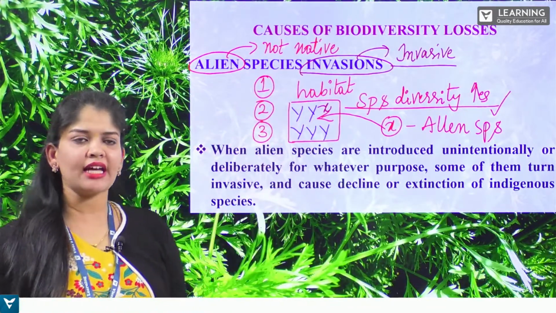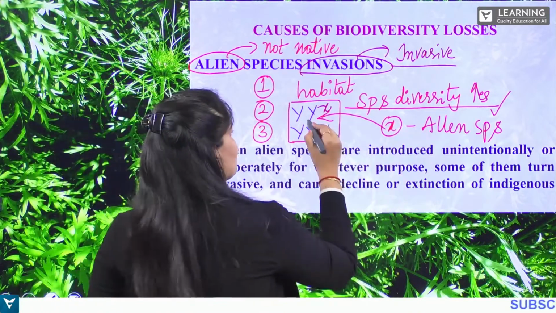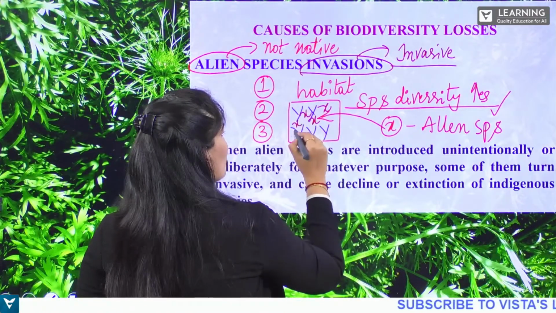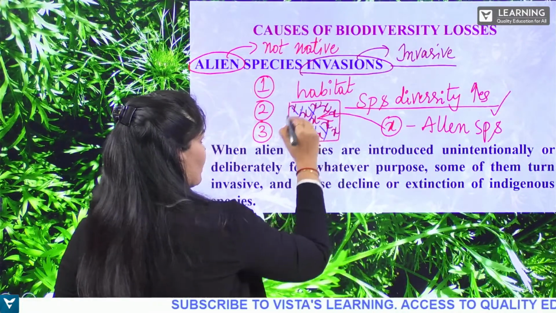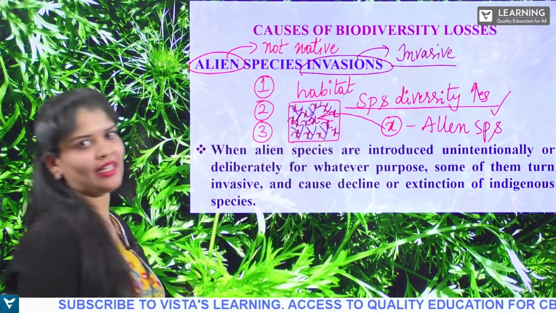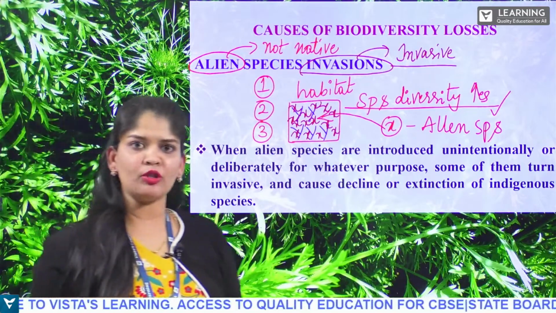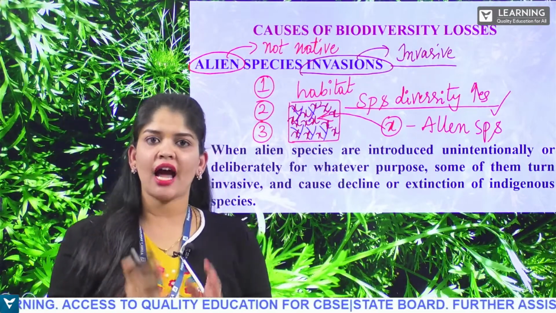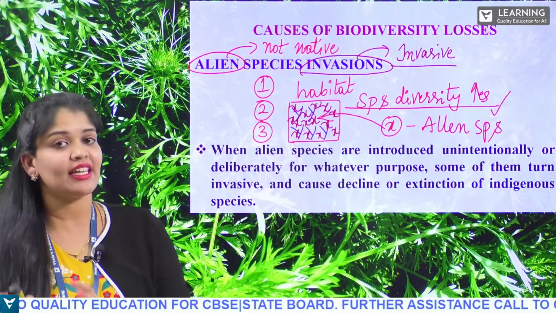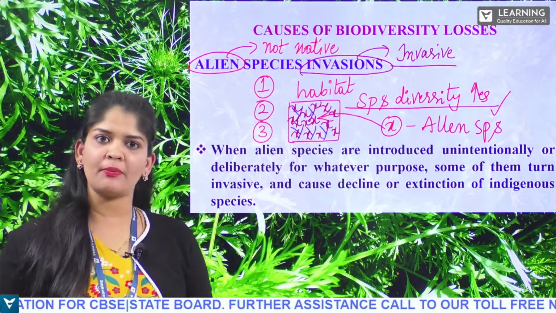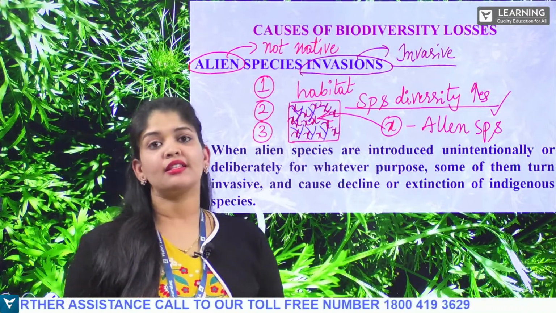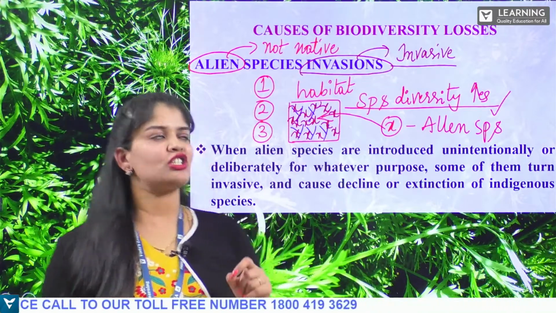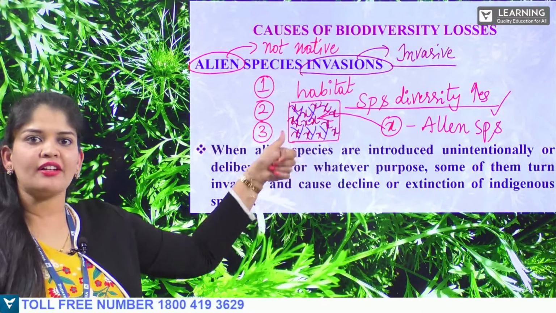Then, as time proceeds, the alien species starts occupying all the habitat, more and more in number, competing for the natural available resources with the species that are already existing in that habitat. Then what happens? The already existing species will be affected very badly. Then it leads to the extinction of these already existing species.